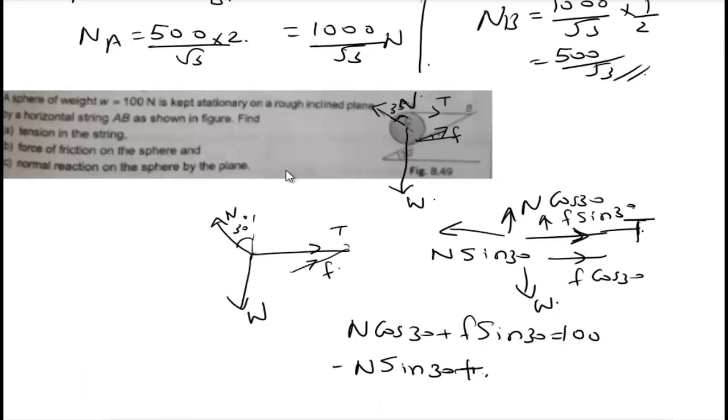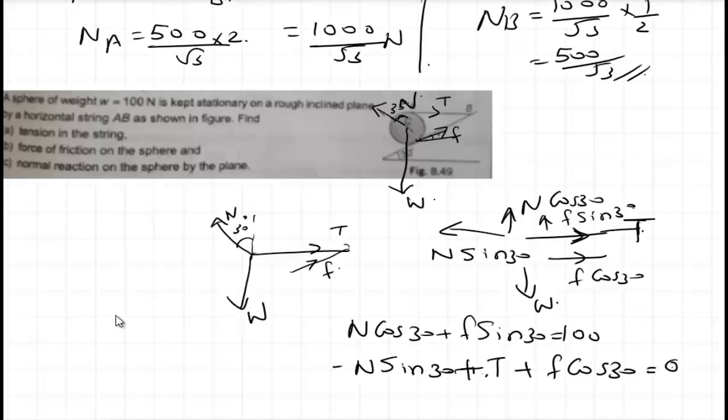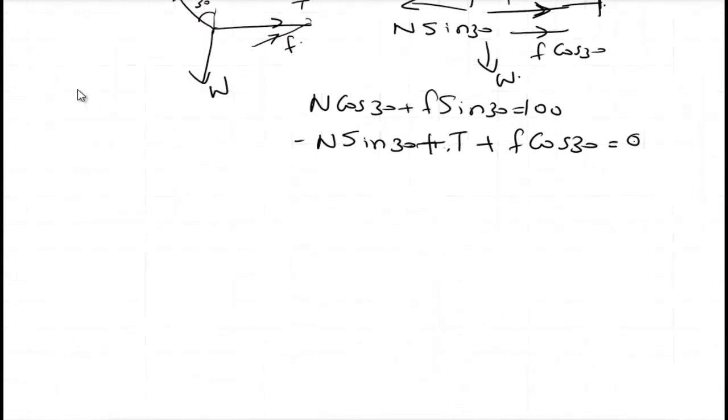This is equal to 0. This is under equilibrium, so all these forces will be equal to 0. Next we can solve this. Here N cos 30 plus F sin 30 equals 100.